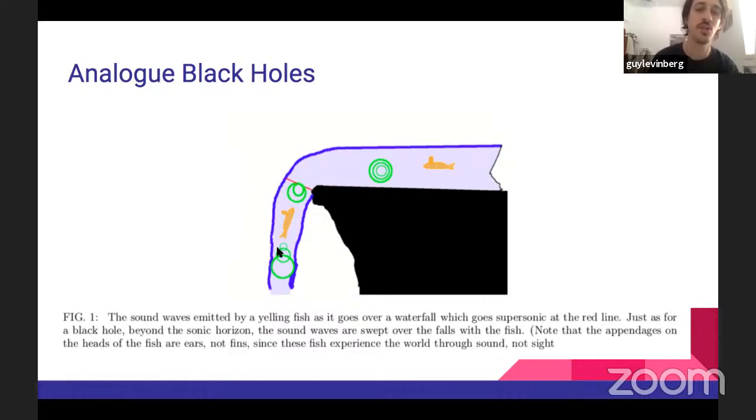So they're trapped in this area. Any simulation of analog black holes has some border that acts like an event horizon, where the phonons cannot possibly escape.